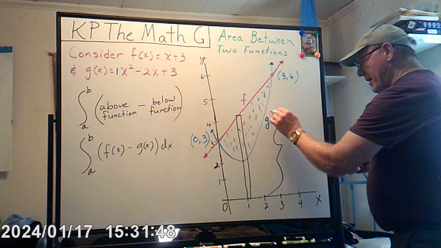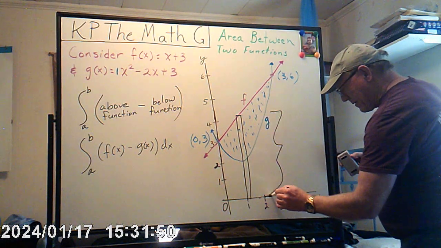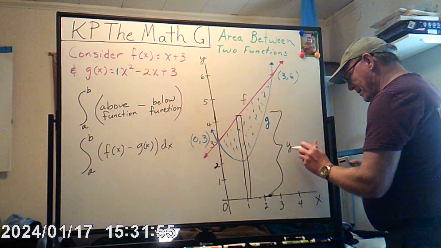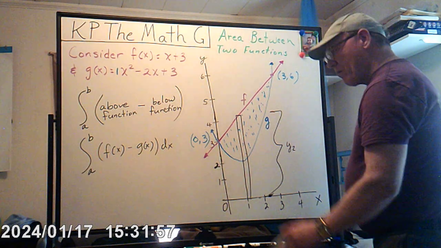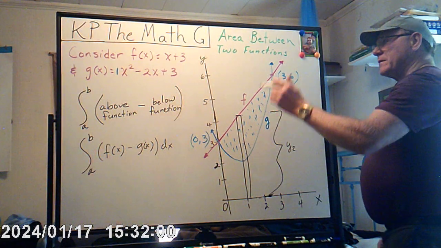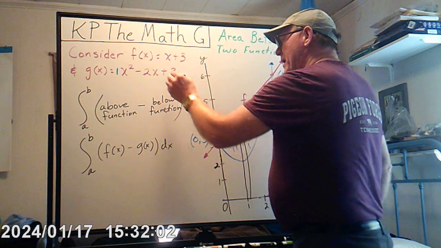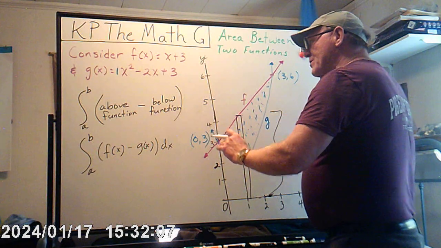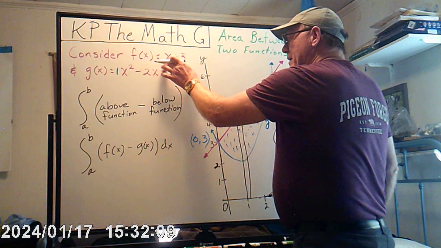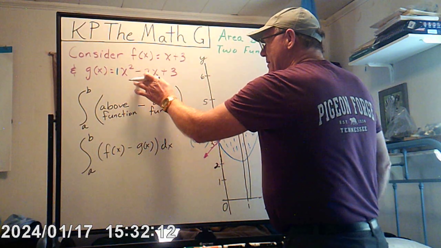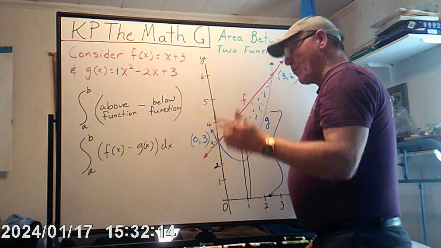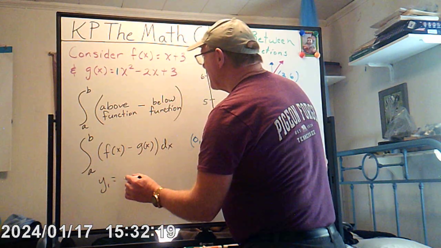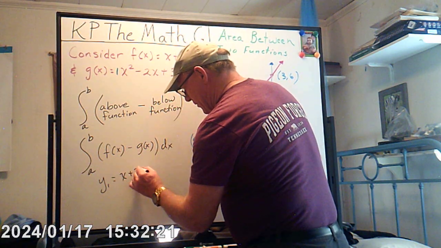This height right here, from here to here, is y, we'll say y1 or y2, it doesn't matter, y2. What is that height? This right here that touches this pink line, F, is this height right here. These represent height. So we could say that y1 is equal to x plus 3.